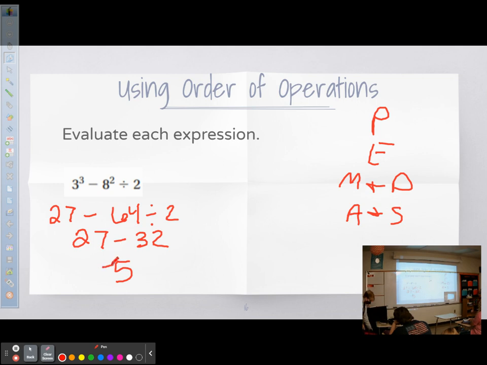So this would actually be -5. So 5 would not be the answer. It would be -5. 27 minus 32 is -5. Okay, so if you put 5, you need to change that to -5, because 5 would be wrong.